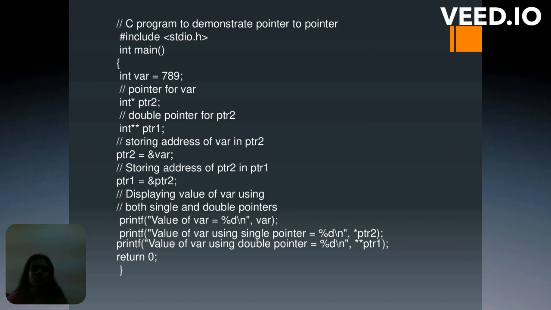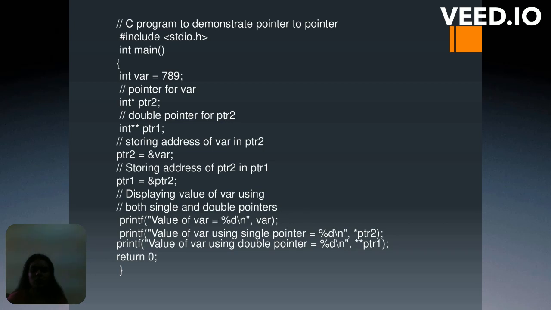And here's an example program where integer variable 789. So this int asterisk ptr2 is the first pointer, and int asterisk ptr1 is going to be the second pointer. ptr2 and variable, which means the pointer is holding the variable memory address of 789.